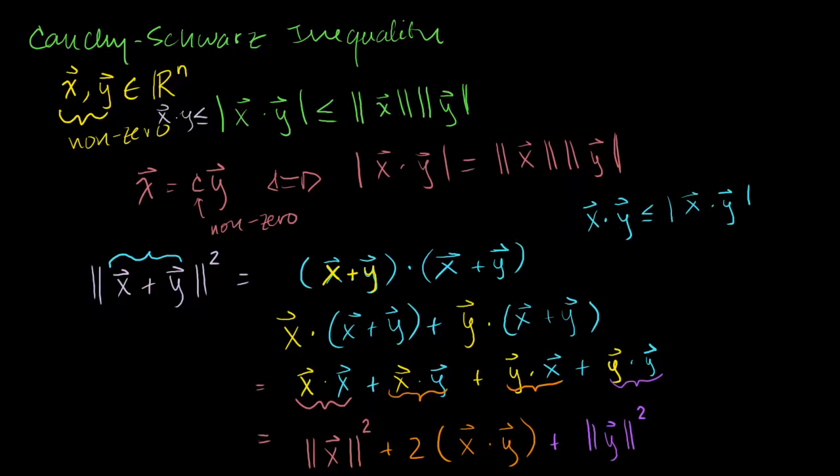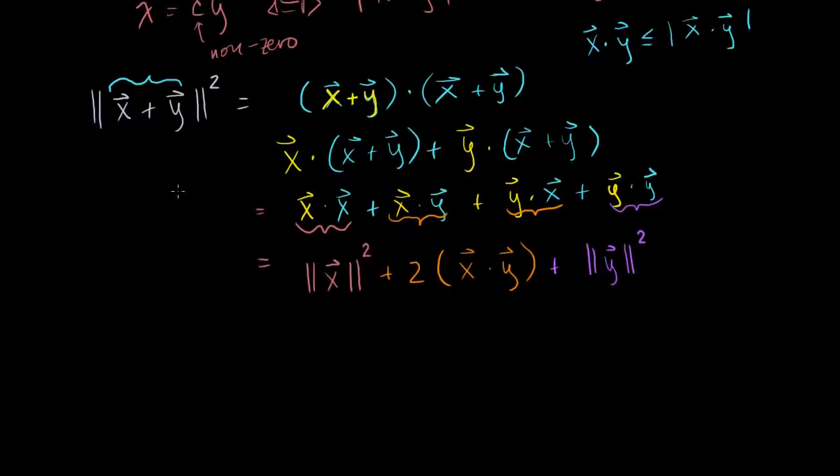So the dot product of x with y is definitely less than its absolute value, which is definitely less than the lengths of those two multiplied. So if I rewrite this statement, it is definitely less than or equal to this exact statement, but if I replace these with the lengths of the vectors.